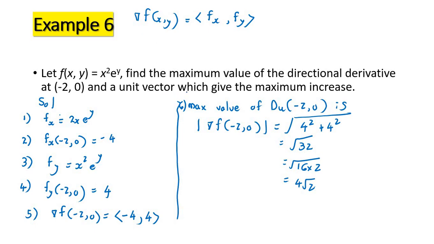Okay, and the unit vector which gives the maximum increase. The vector is actually the gradient vector. So if you want the unit vector u, then take the gradient vector at the point (-2, 0) divided by the magnitude of the gradient vector.